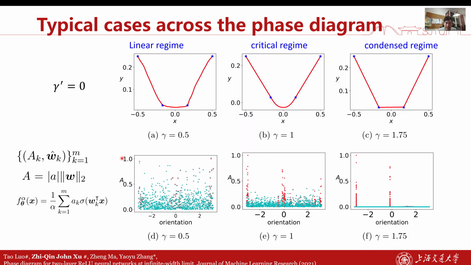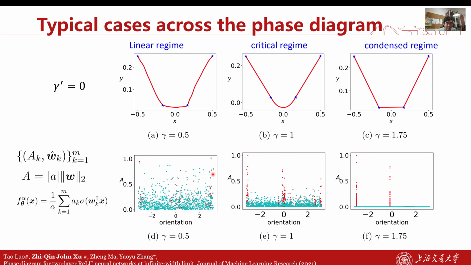Let's take a look at this first example here. Each dot indicates one neuron. So, for example, A1 and W1 hat can be plotted here. A1 indicates the amplitude, and W hat indicates the orientation. We can use a number from -pi to pi to indicate this orientation. And since we have many neurons, we can have a lot of dots here.